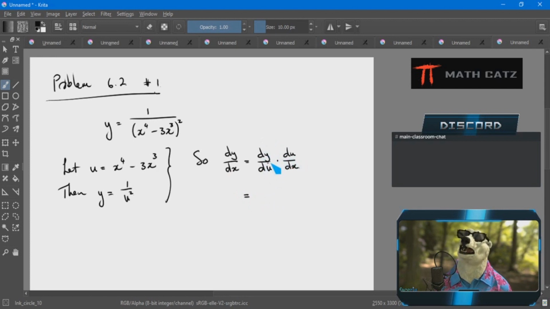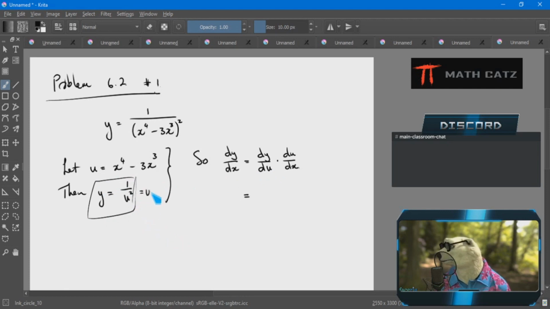So now I have two derivatives that I have to do one at a time. First one is the derivative of y with respect to the variable u. So for that I look at the square, the outside function.